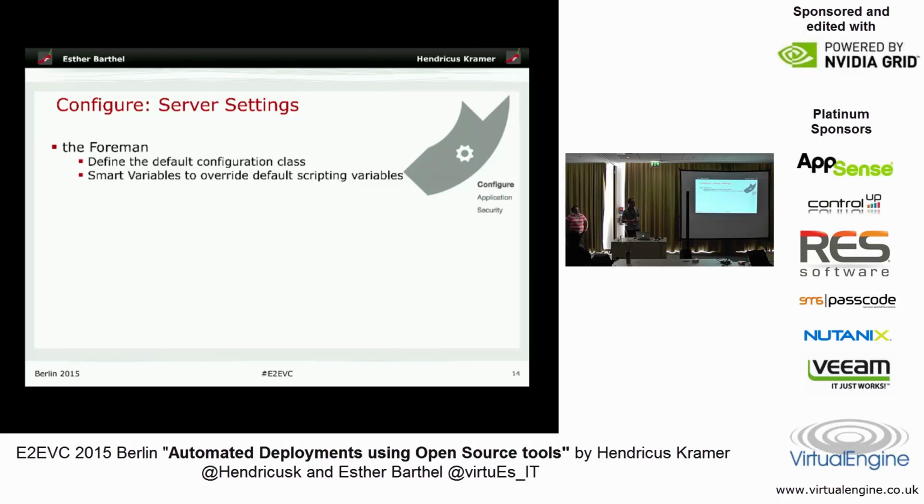As you've seen, the Foreman is the place where you define the default configuration class: how does the machine have to look? And the smart variables give you the opportunity to define within a class what it has to do. I think we discussed yesterday that the classes follow a very strict pattern.